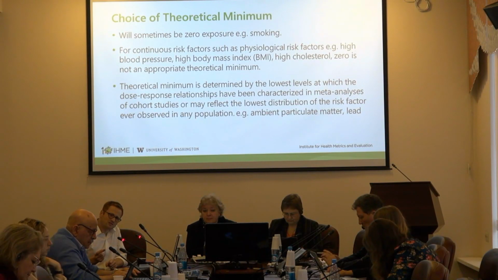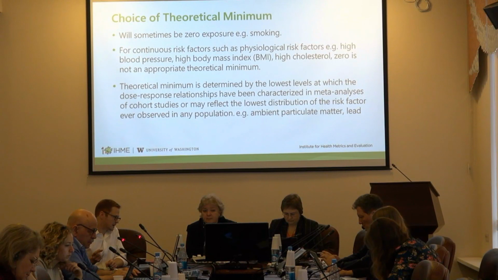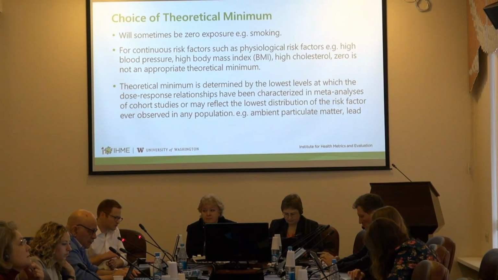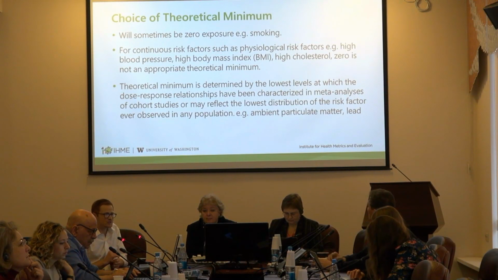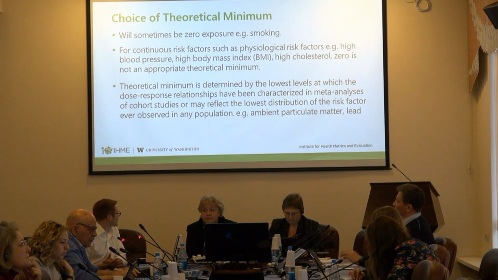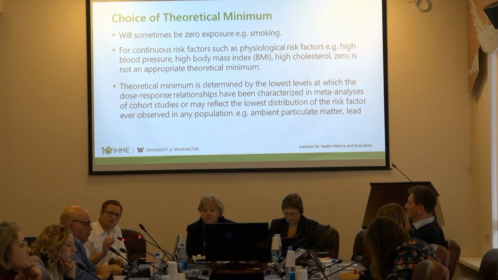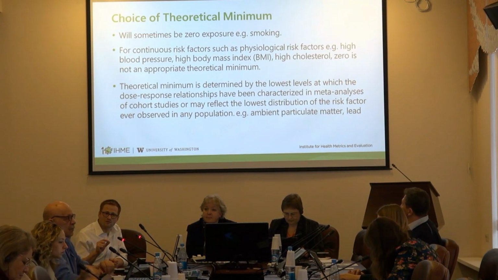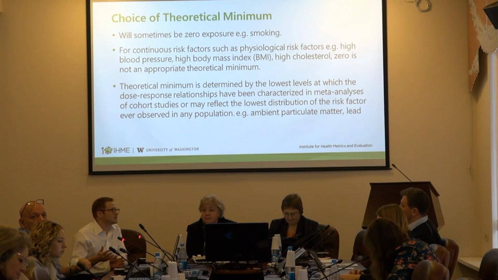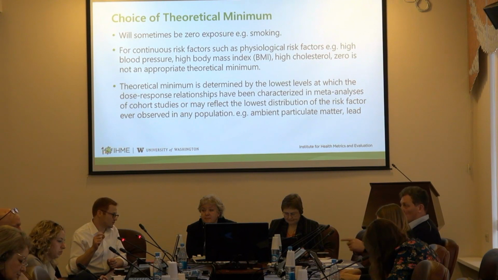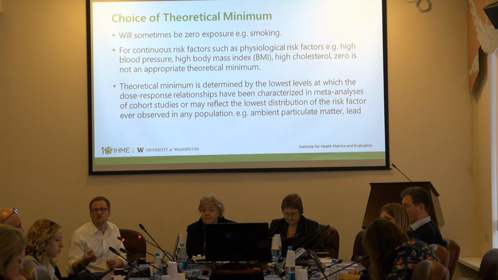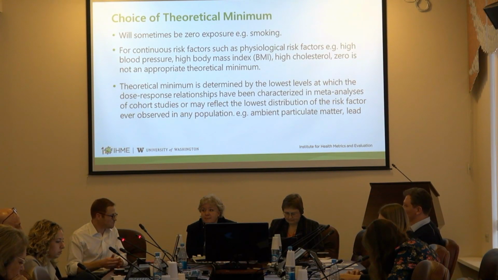And then in other cases, we're looking at things that have been observed. So for example, for ambient particulate matter or lead exposure, we look at studies and we see what's the lowest observed level of blood lead we've seen in any study. And we consider that the TMREL. What's the lowest observed level of ambient particulate matter? And that becomes the TMREL.